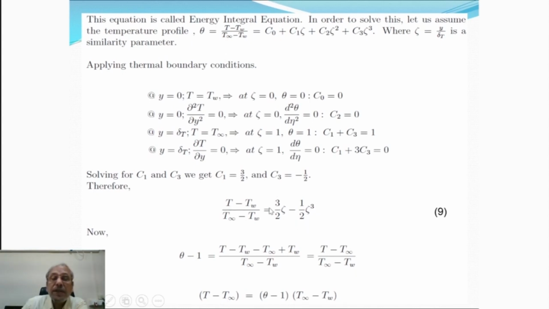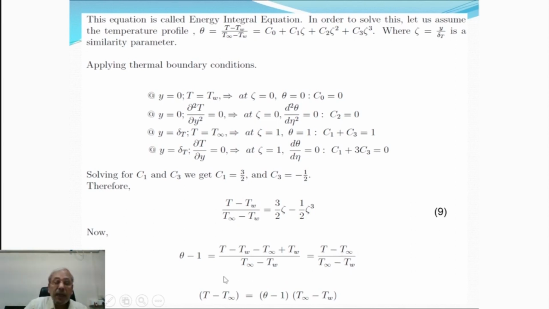It is almost analogous to the velocity profile. And we then evaluate theta minus 1. Theta minus 1 means (T minus TW) divided by (T infinity minus TW) minus 1, which gives (T minus T infinity) divided by (T infinity minus TW).